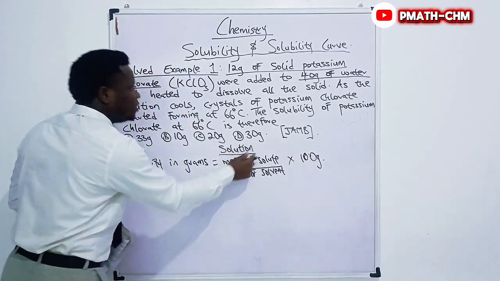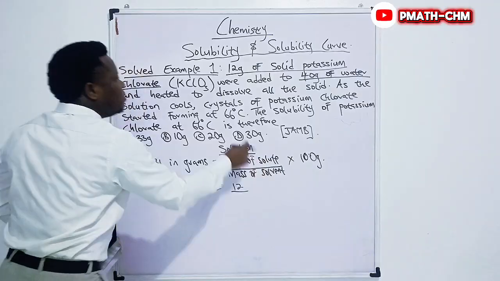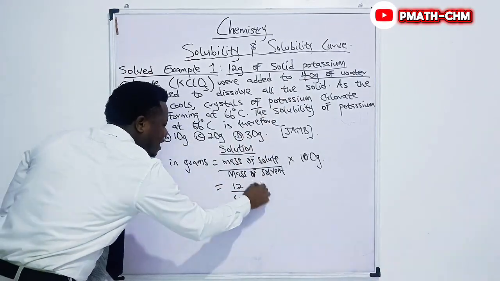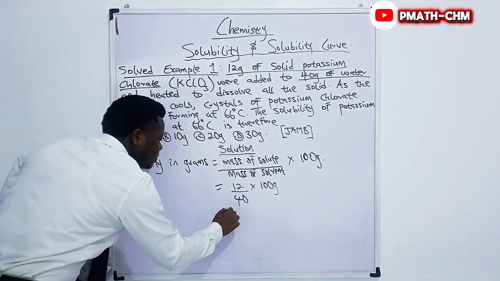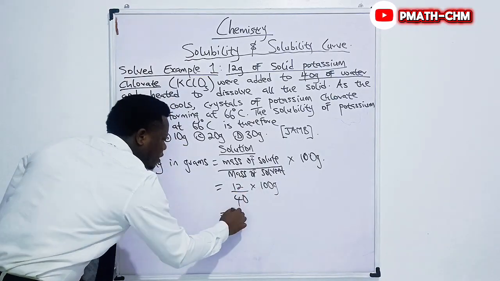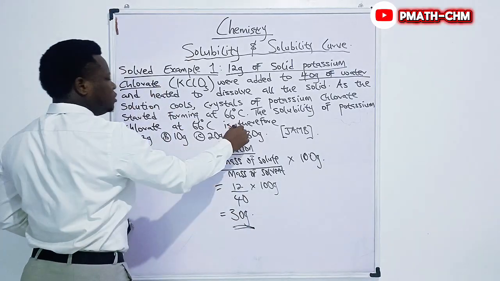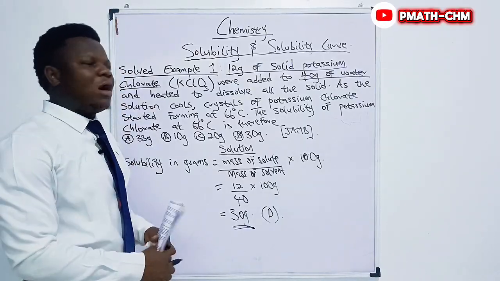So the mass of the solute in the question is 12 grams. So you say 12 over the mass of your solvent, which is 40 grams. Then you multiply by 100 grams. By the time you punch this in your calculator, that should give you 30 grams. So that corresponds to option B. So we can see solubility questions are quite easy.